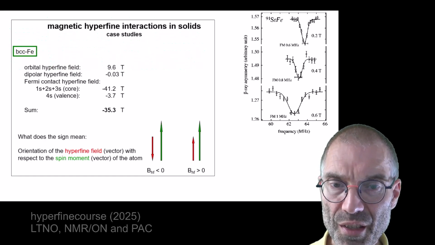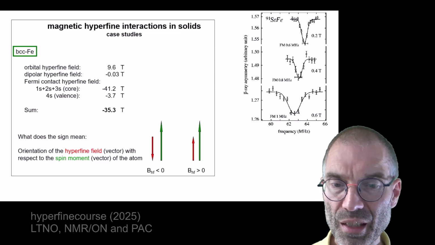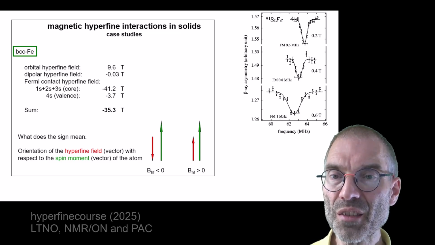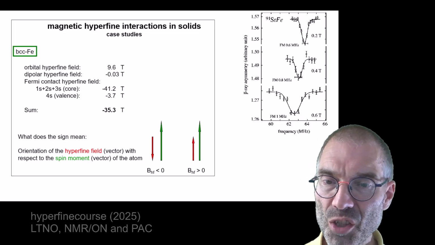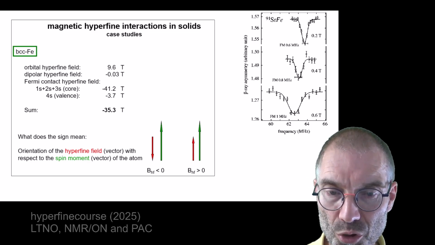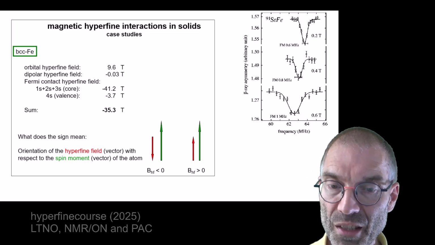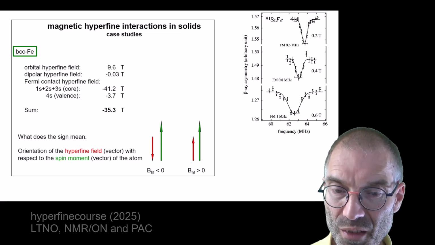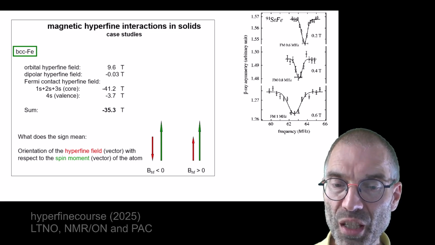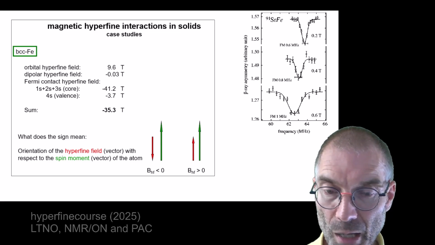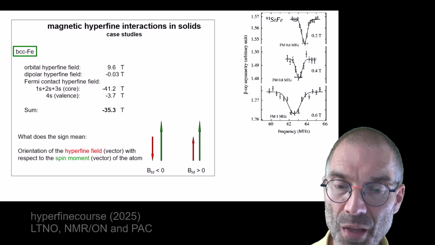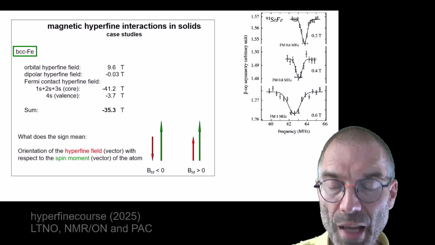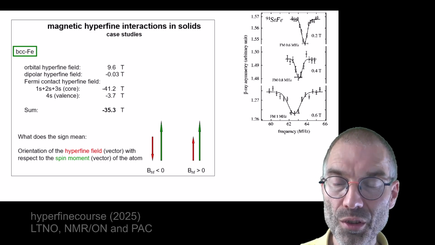So what is the actual argument? It's this slide that we have seen in the module about the magnetic hyperfine interaction, where it was visualized what the sign of the hyperfine field means. It gives the orientation of the hyperfine field, the magnetic field at the nucleus of an atom, with respect to the atomic magnetic moment.